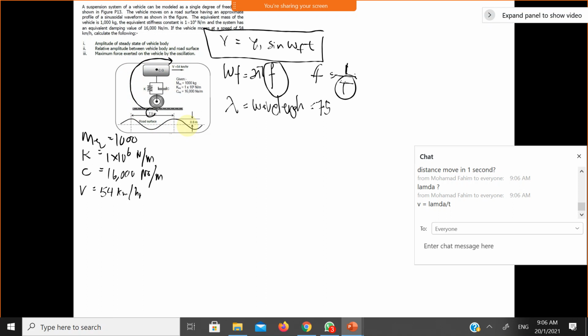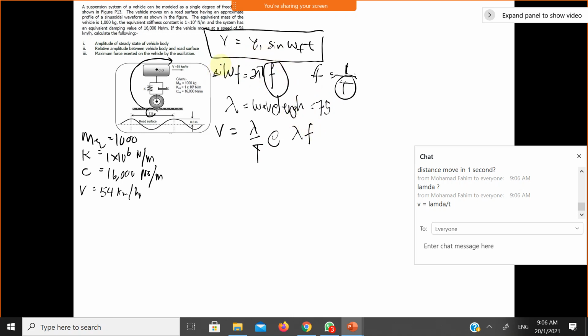Alright, one complete cycle. So the equation of V equals to lambda over T. Yes, correct. So ataupun terus kita boleh consider as lambda times with F. Kalau tak nak dapatkan T, terus dapatkan F, sebab kita nak kena dapatkan F untuk put our F to this formula.